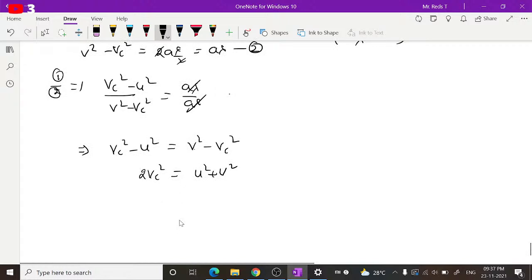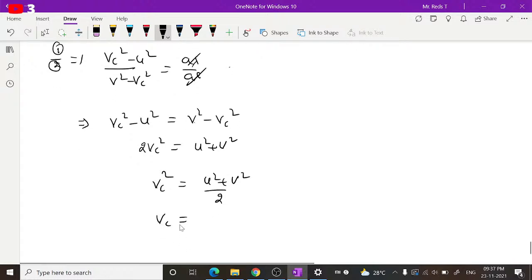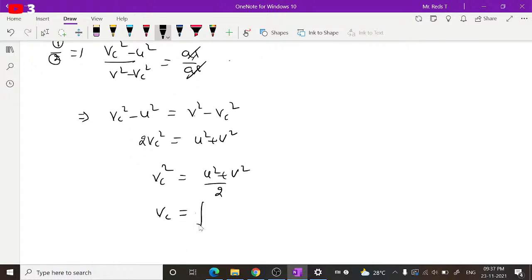So now we are asked to find the velocity at the midpoint, so vc square is equal to u square plus v square by 2, and hence vc is equal to the square root of u square plus v square by 2.